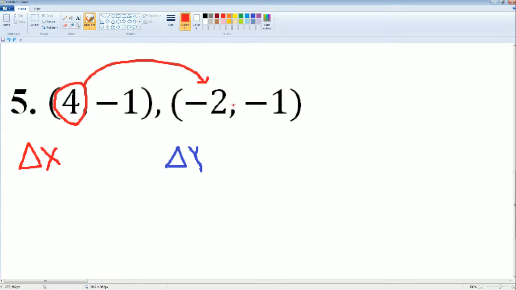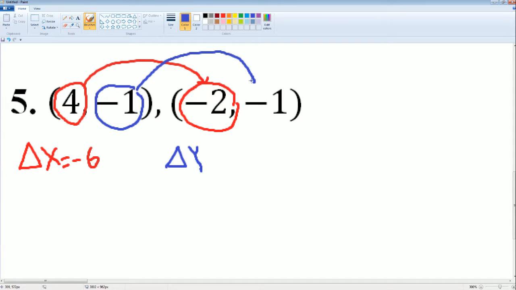Looks like I'm going down. So 4 goes down to -2. Looks like that is -6. Then we are going from -1 to -1. Looks like nothing is changing, so we call that 0.